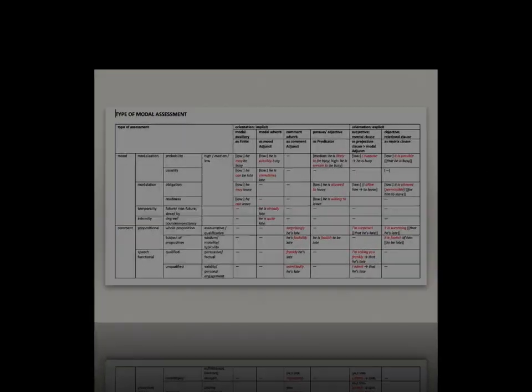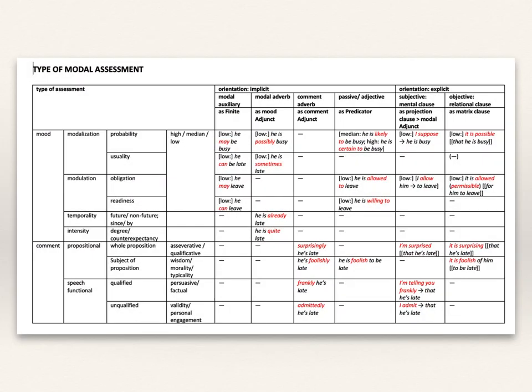So modal assessment is a system available in the interpersonal clause grammar for assessing the exchange of propositions and proposals. Here you have a table that summarizes implicit and explicit orientation for assessment that is expressed through the mood element, the two types of modality, modalization, modulation, and other forms of assessment closely related to the mood element and to finiteness, temporality and intensity.